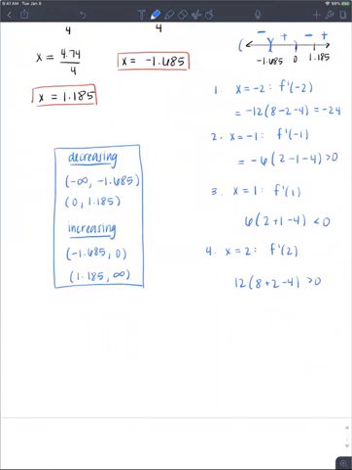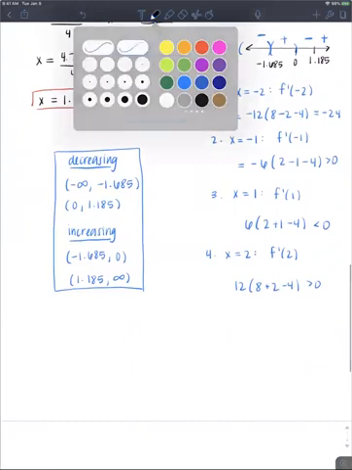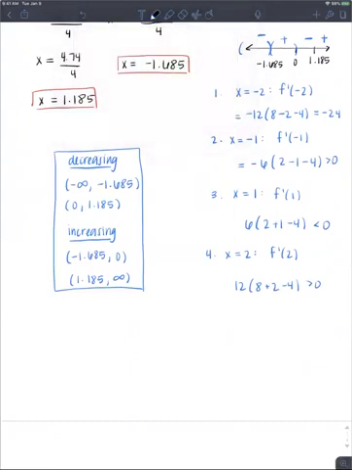Okay. So now, let's talk about the second derivative test. The second derivative test is almost the exact same thing as the first derivative test.